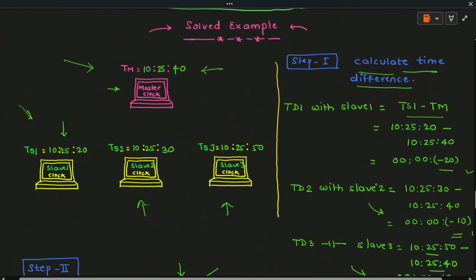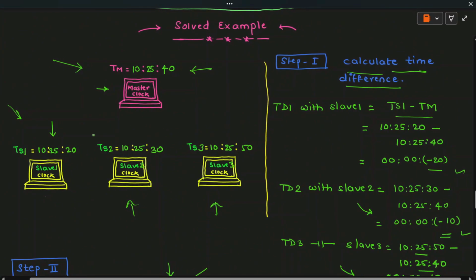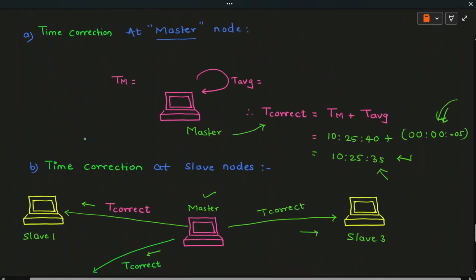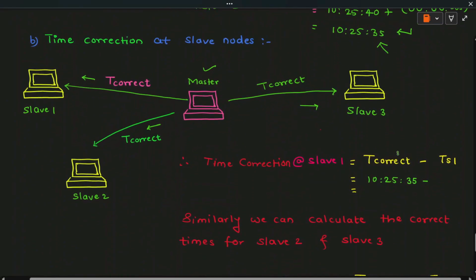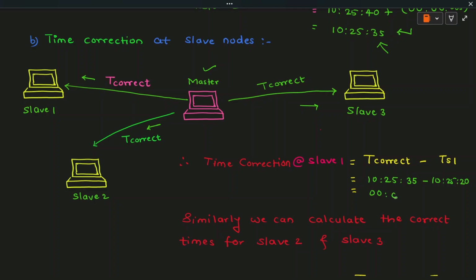So this is TS1 time, 10 hours, 25 minutes and 20 seconds. So let's put that value, 10 hours, 25 minutes and 20 seconds. We'll get the value as 0 hours, 0 minutes and 15 seconds. So this value will be used for correcting the time of slave 1.